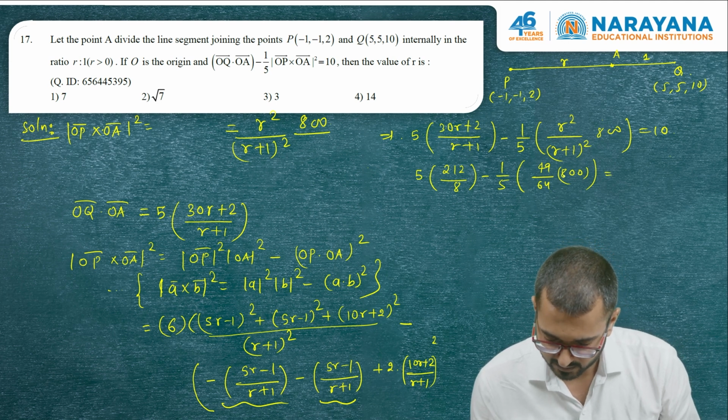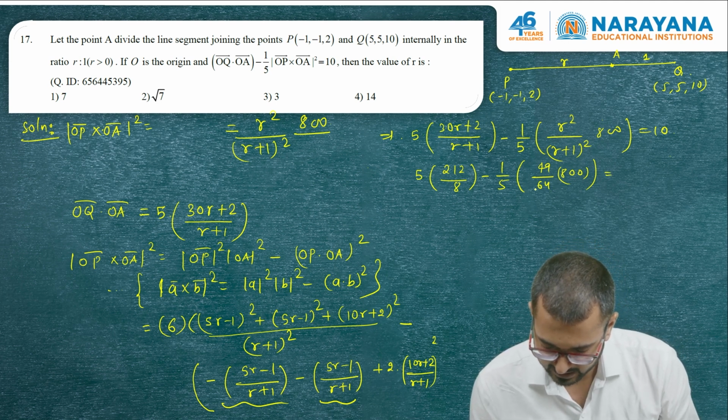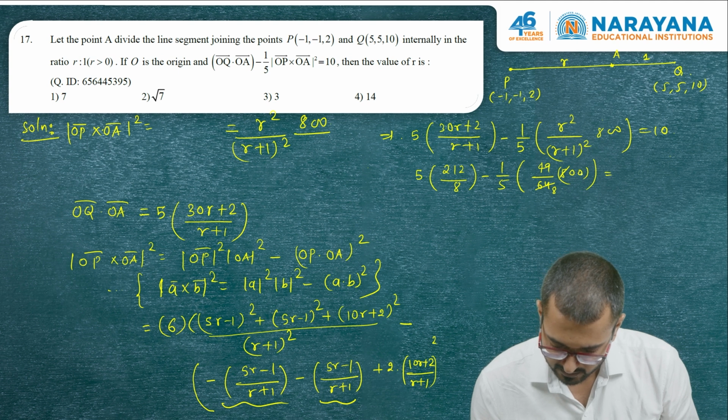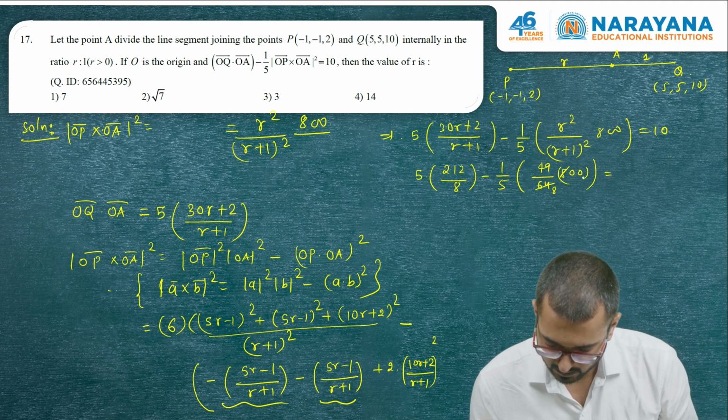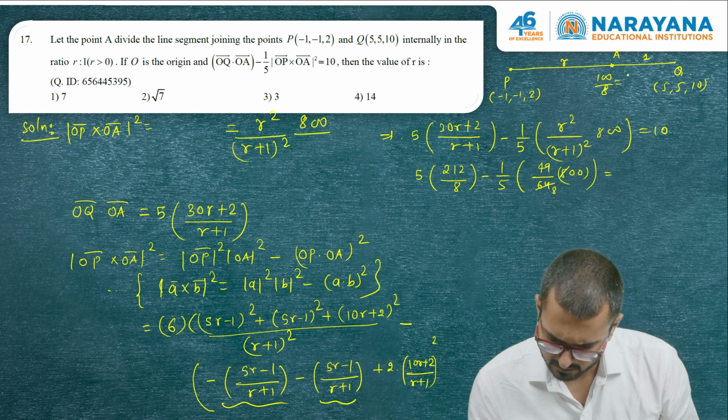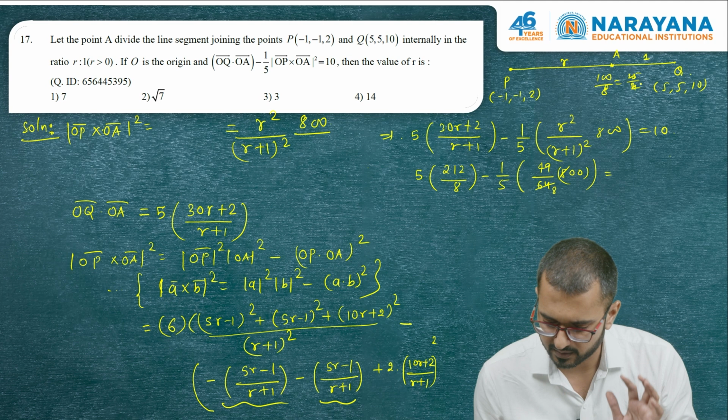This would give me 64, so here 800, I'll be getting here 8 again. This 8 is gone, so I get 100 over 8. So 100 over 8 will give me 25 over 2.